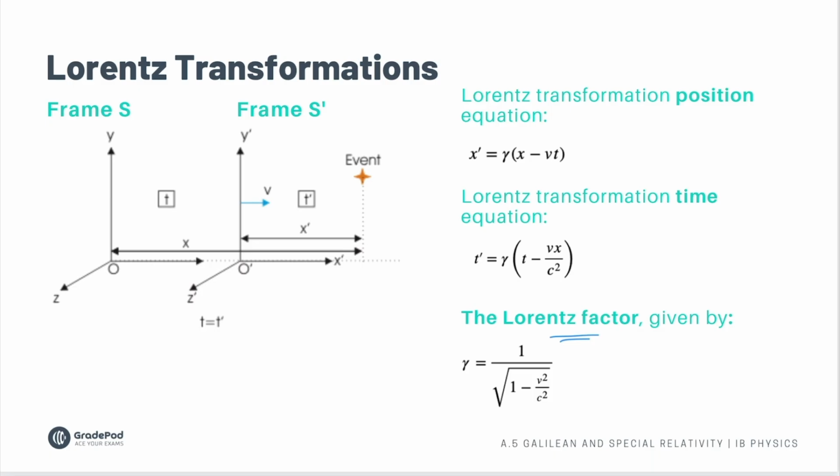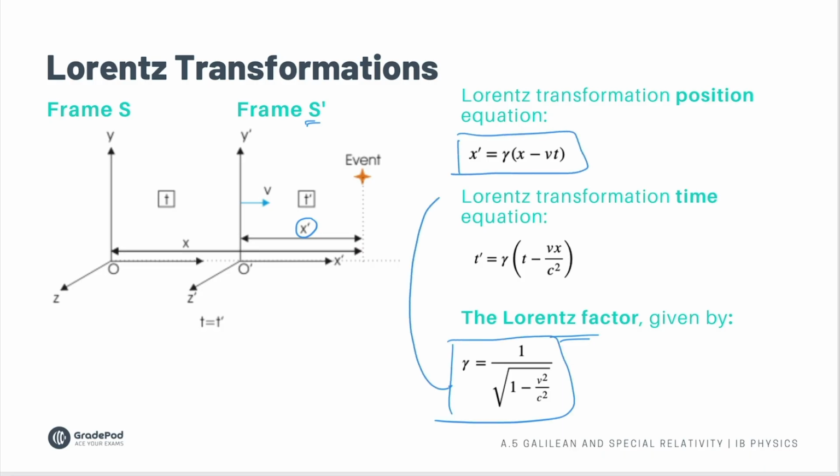The position equation, so to find the position in a frame S dash that's travelling at a speed close to the speed of light relative to frame S, you need to use this equation here. And gamma is the Lorentz factor. It's very similar to the Galilean equation, because do you remember that the Galilean equation was this?